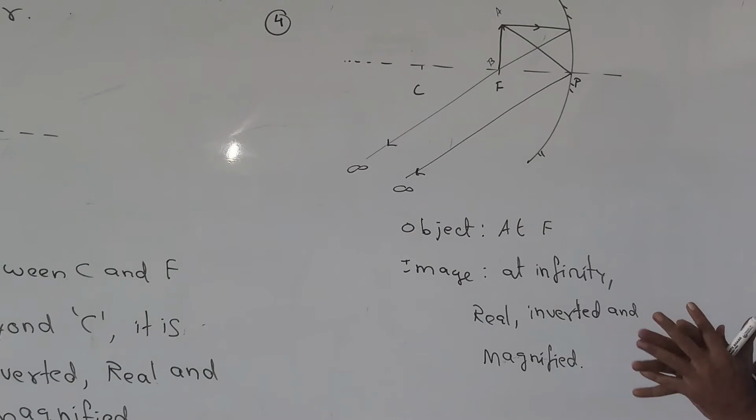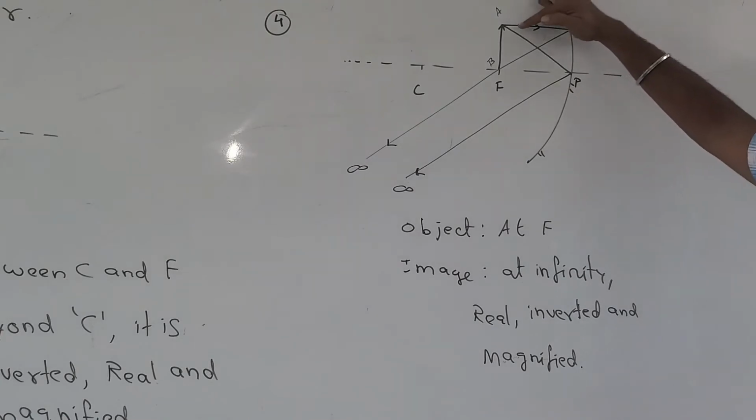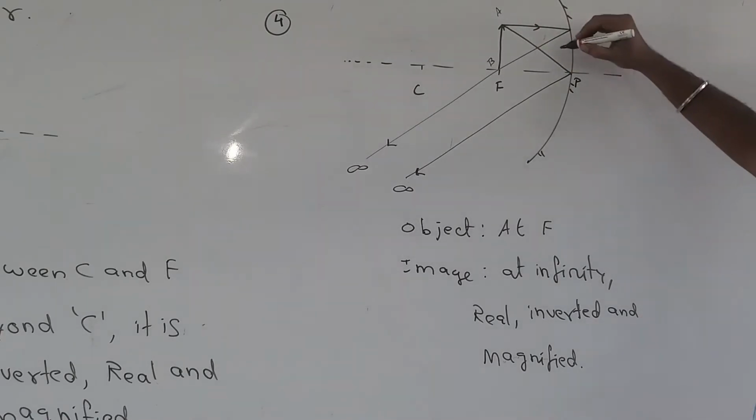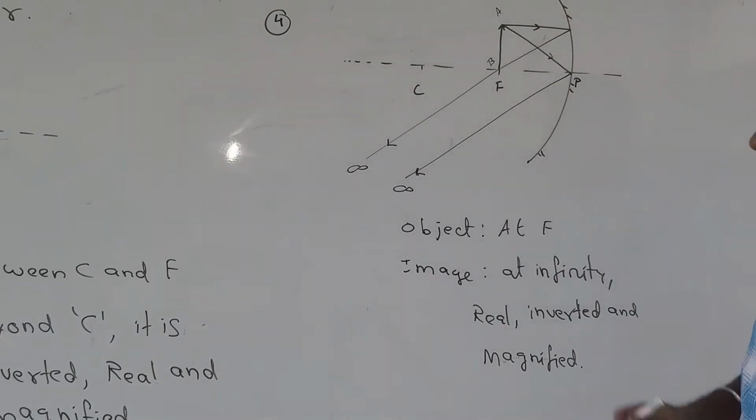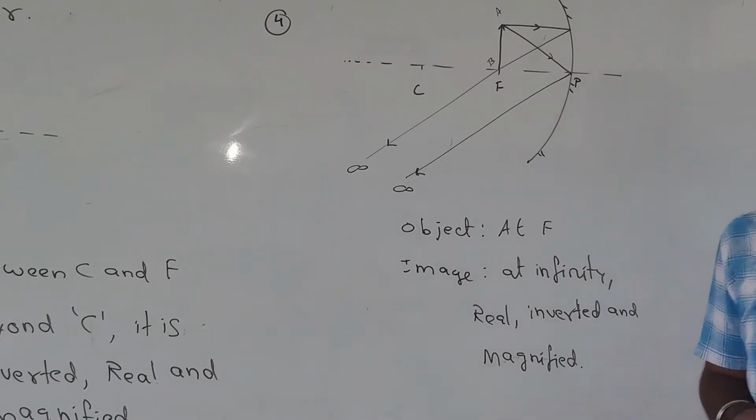The second ray could be any ray of your choice. I have chosen one ray of light which is coming towards the pole, and then it is reflected back from the pole. Now how can I trace this reflected ray? I have traced it on the fact that angle of incidence is equal to angle of reflection.